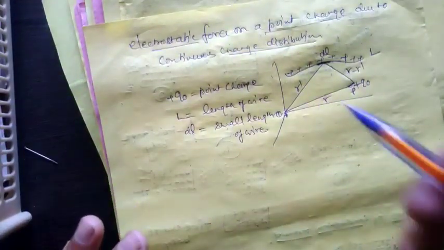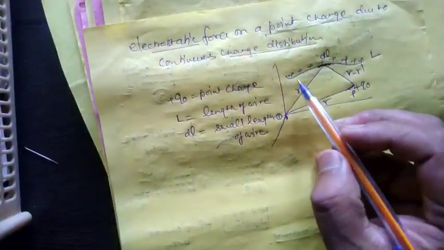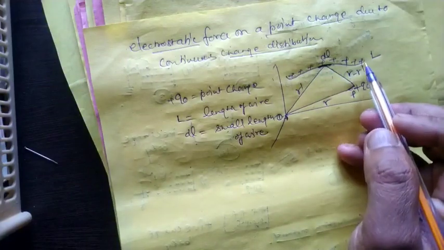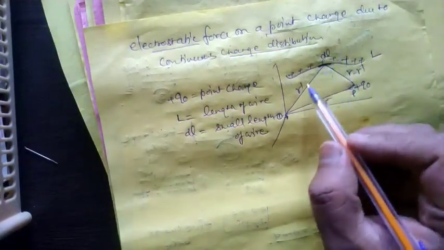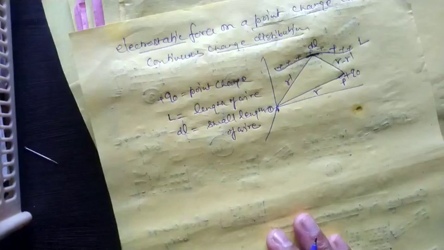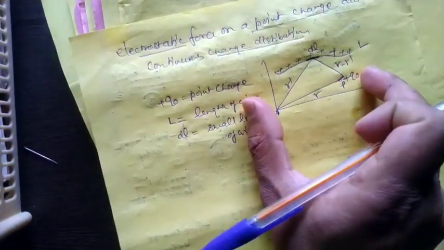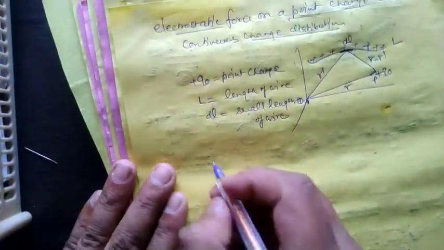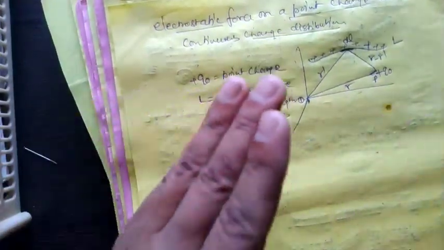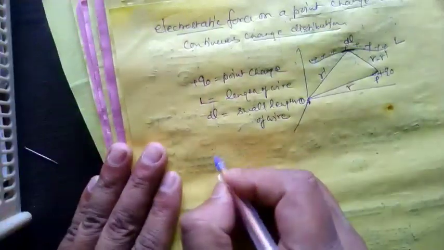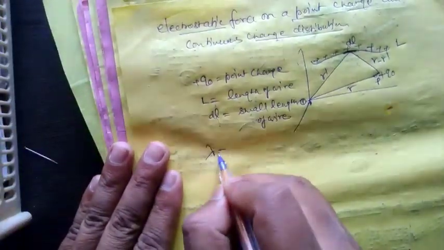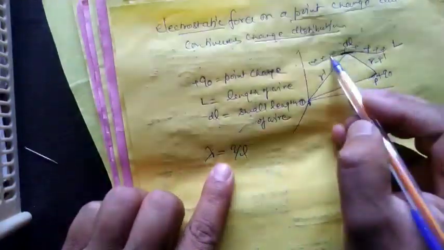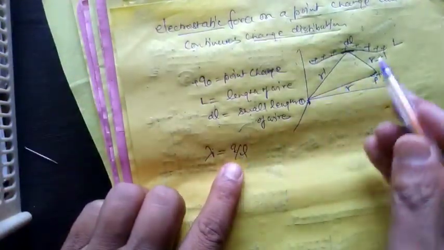If a uniform positive charge is distributed per unit length in a system, then it is known as the linear charge density, denoted by lambda, equal to Q upon L. Q is the uniformly distributed charge and L is the length of the wire.